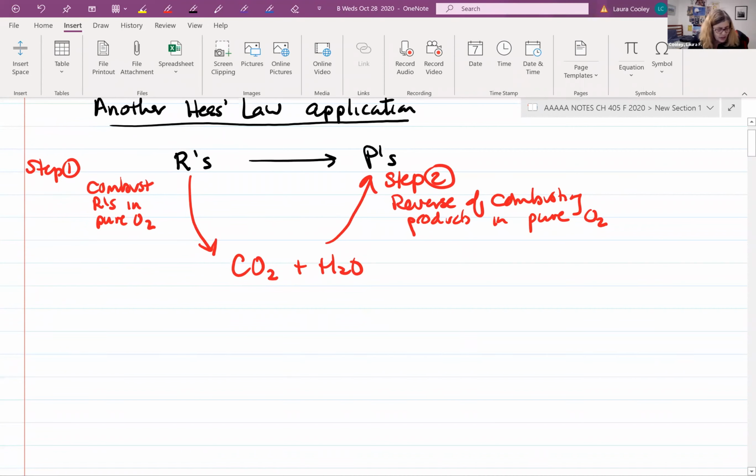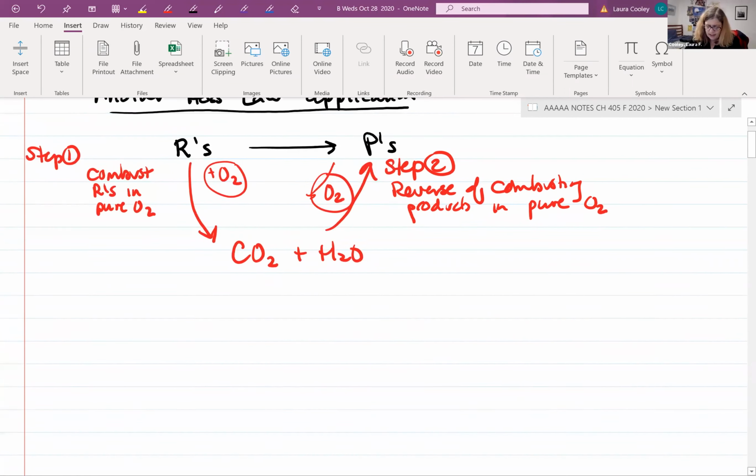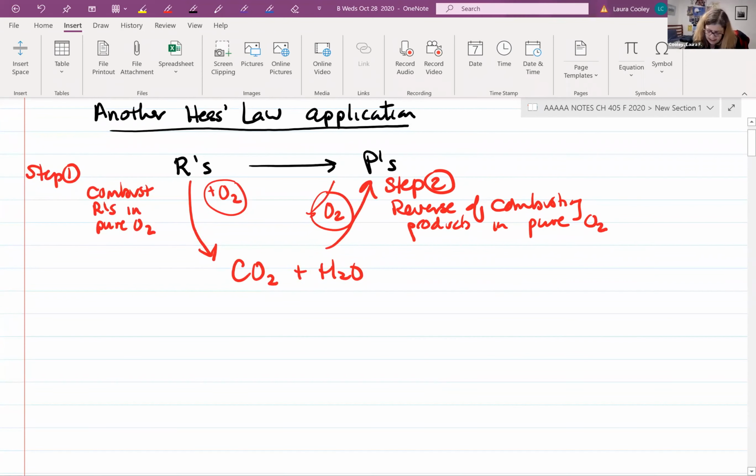If you're balanced, the same amount of oxygen will be used in both steps, so it cancels itself. And of course you have to use gas and liquid here.